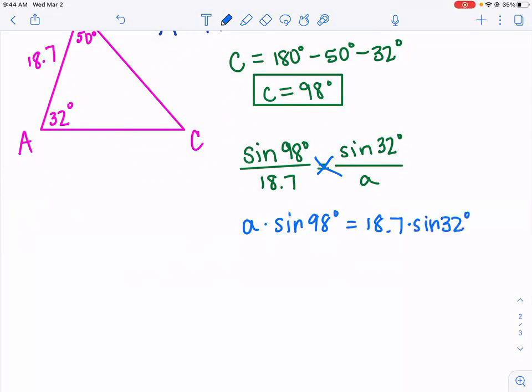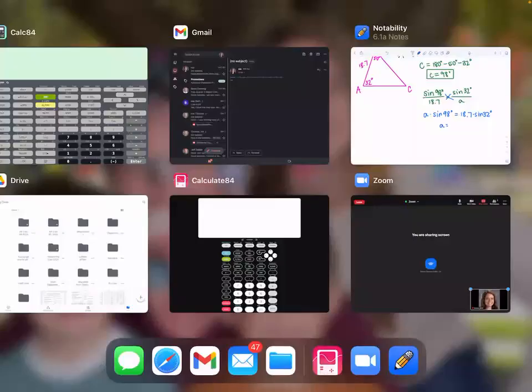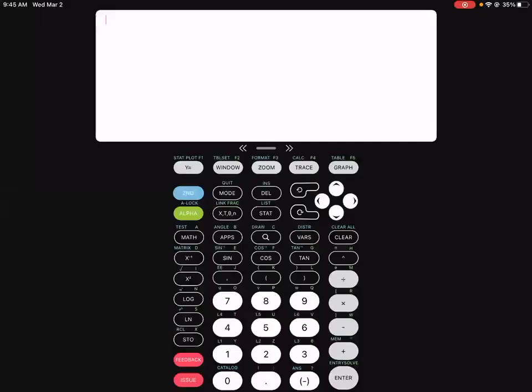You are not going to put that in your calculator and write it down. Write it like this. Now we know that in our calculator, we need to take 18.7 times the sine of 32 degrees and then divide over the sine of 98 degrees. So in degree mode, I am going to take 18.7 times the sine of 32 degrees.